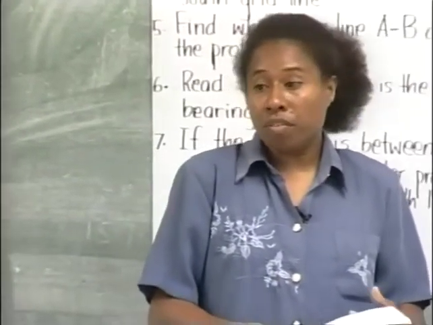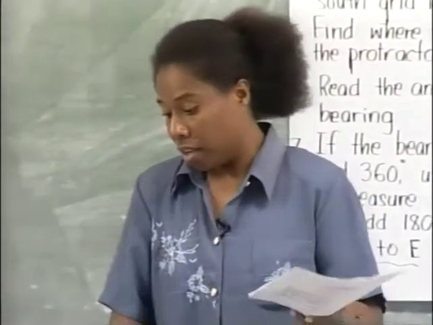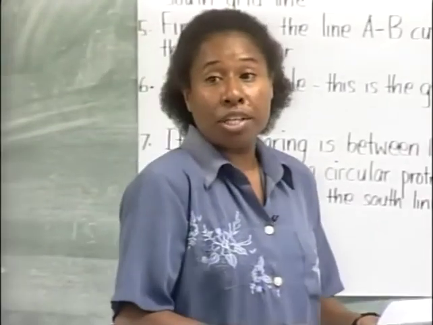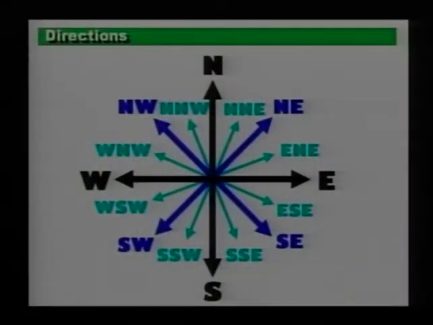Looking at the points of the compass, we have already found out that there are 4 cardinal points of the compass, and they are the north, south, west, and east. But I mentioned that in grade 11 and 12, knowing only the 4 is not enough when we are trying to give directions.